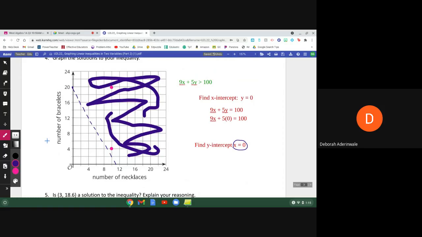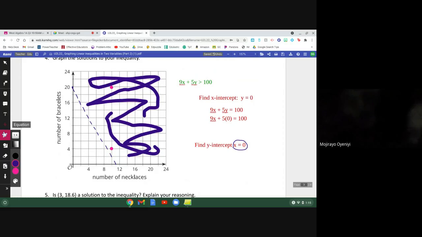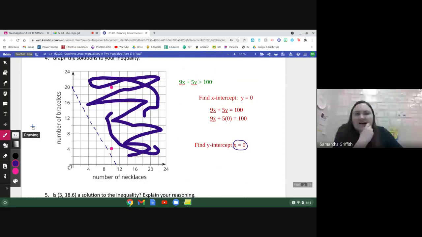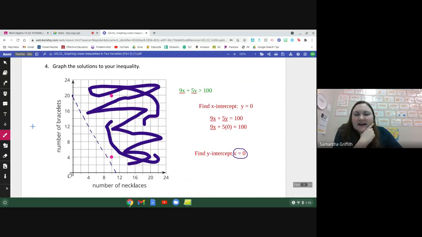So that gives us 11.1. If you multiply 11.1 by the price of the necklace, it will give you the $100 we are looking for. And if you can stay on after we end the call, we can talk through it too.